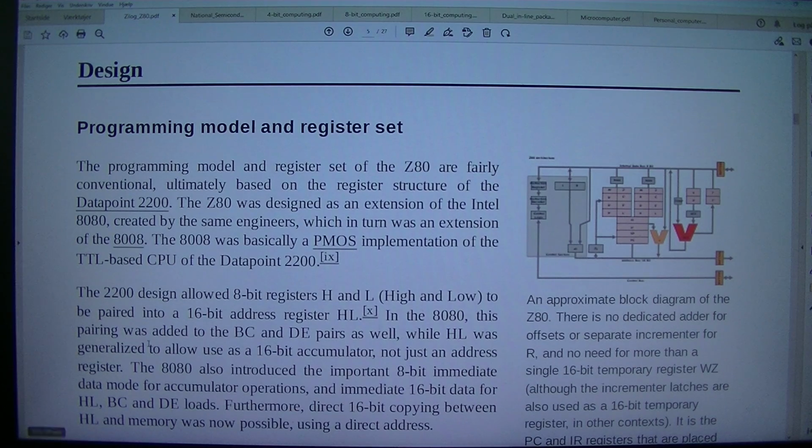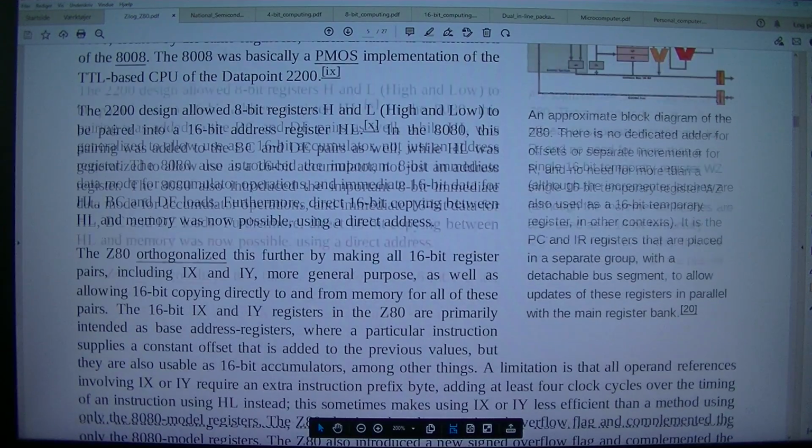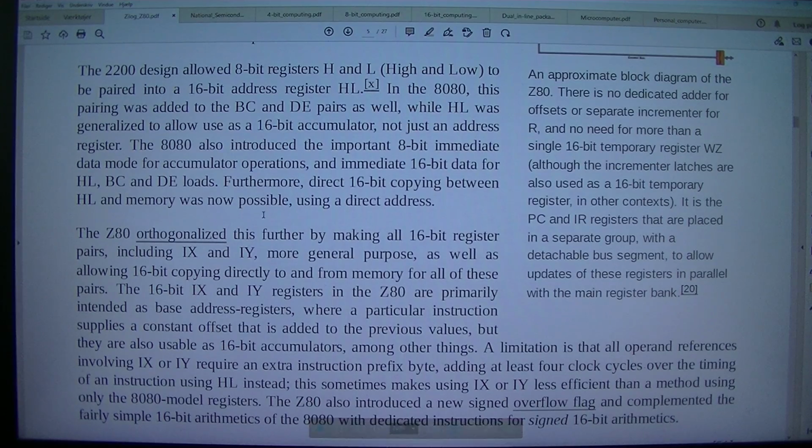This pairing was added to the BC and DE pairs as well, while HL was generalized to allow use as a 16-bit accumulator, not just an address register. The 8080 also introduced the important 8-bit immediate addressing mode for accumulator operations, and immediate 16-bit data for HL, BC and DE loads.